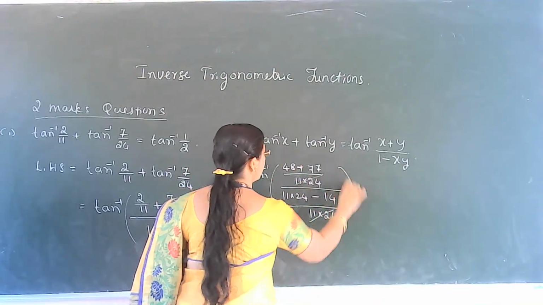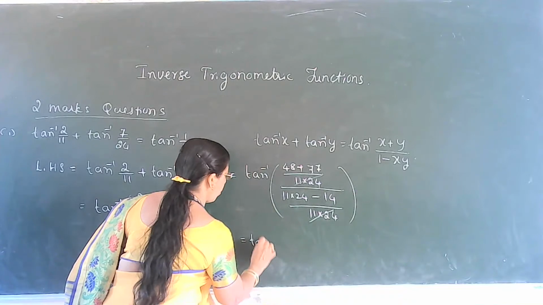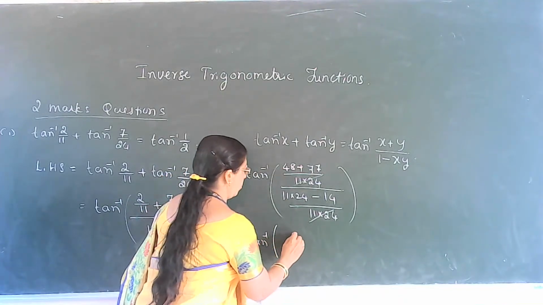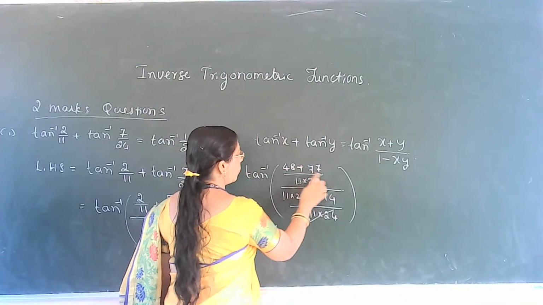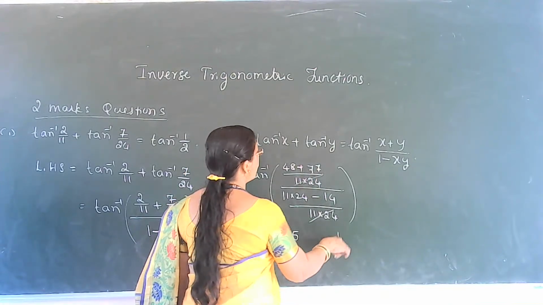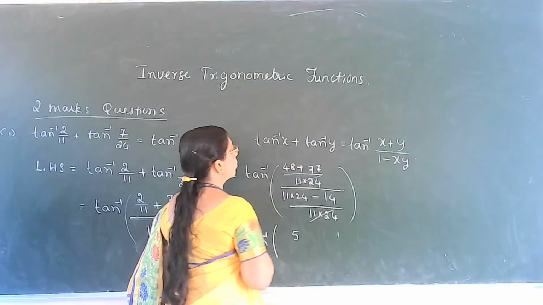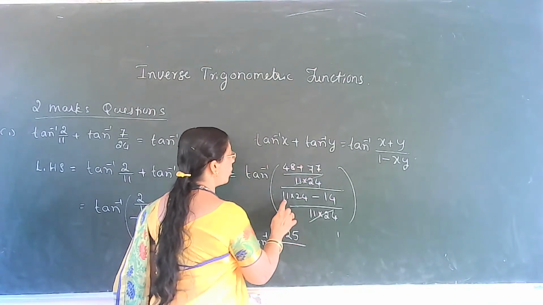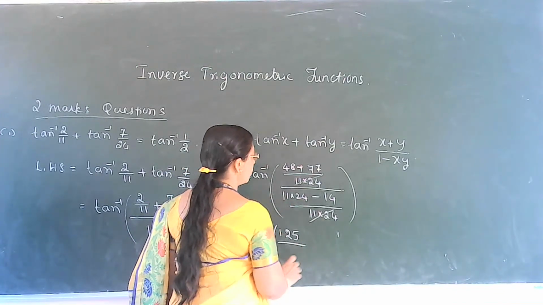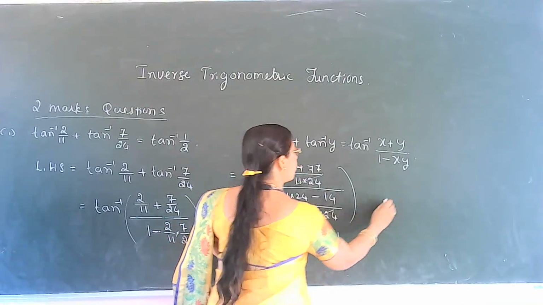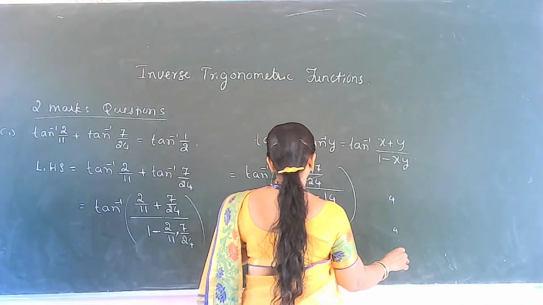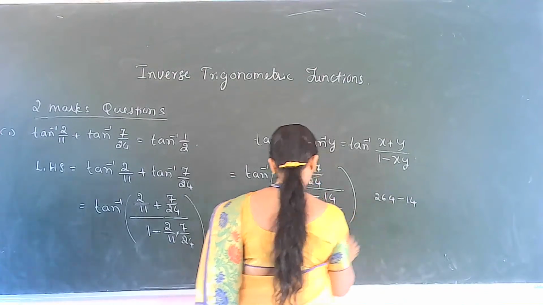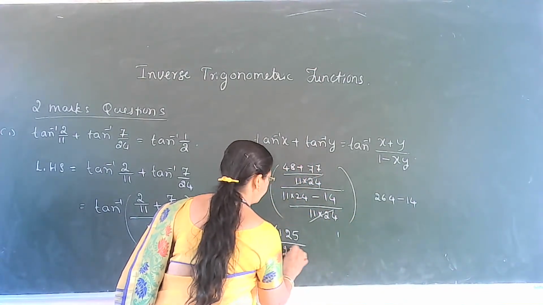This one is cancelled. Then we get tan inverse of 48 plus 77, which is 125, divided by 11 into 24, which is 264, minus 14, which is equal to 250.